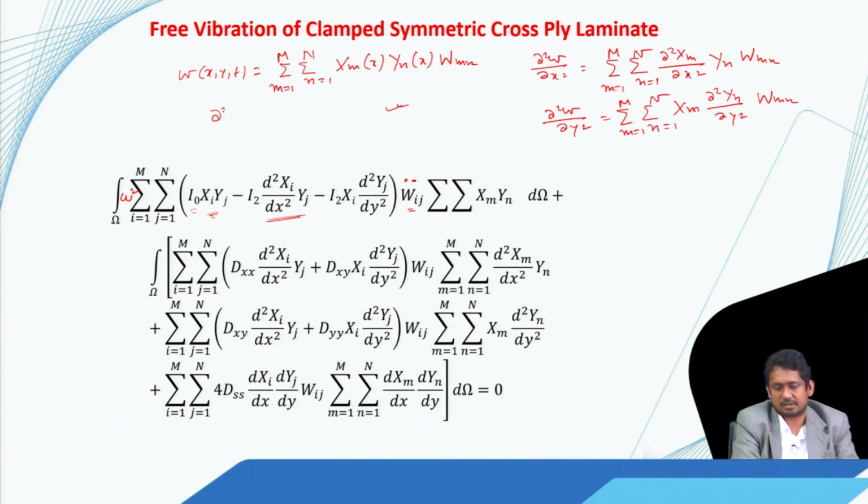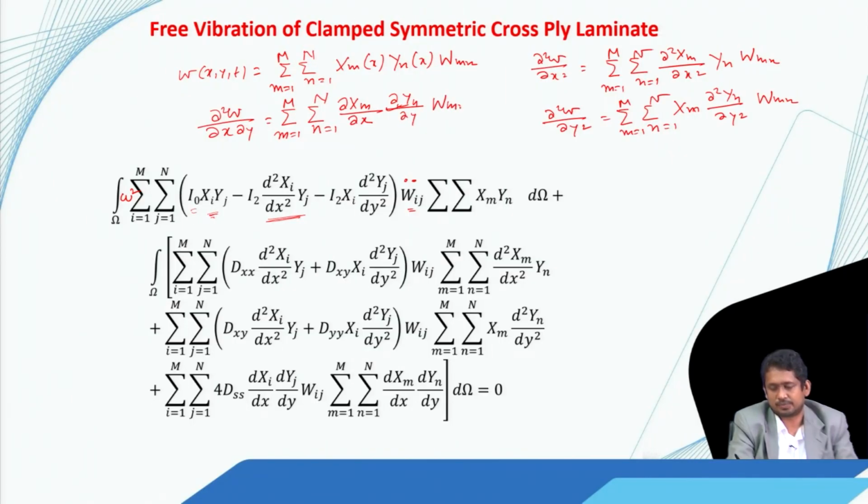And we can define a cross derivative del 2 w by del x del y, which we can write as the summation of del X_m by del x, del Y_n by del y into W_mn. So, that is how we have done it here. Wherever we have the derivatives of W, we put all these things from these expressions, and finally, the expression looks like this.